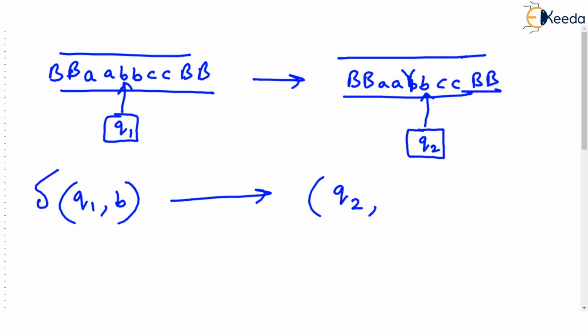So from Q1 we have gone to Q2 state, and B has been overwritten as Y, and also the head has moved to the right. I hope you have understood enough about the configuration. Final drill, let's do it just for fun.